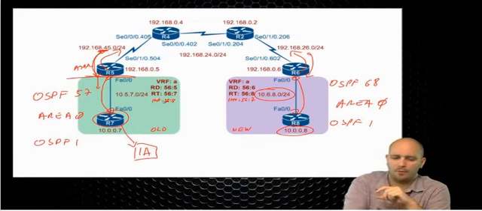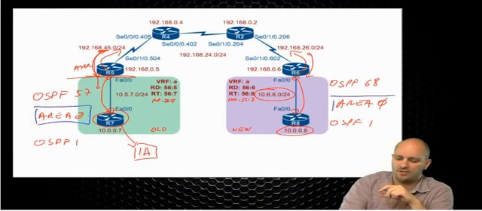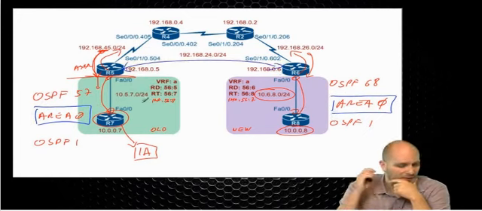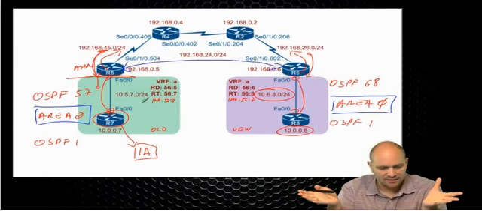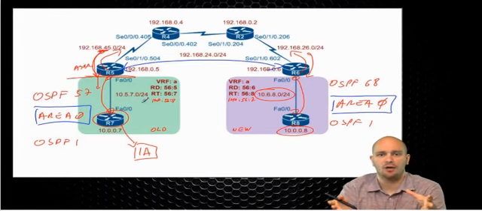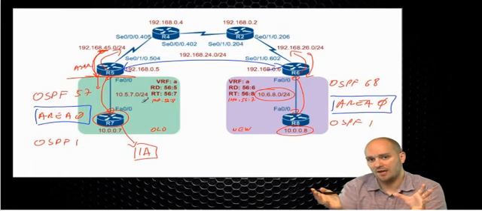I can see a couple of problems with that. One is that this is area 0 and this is area 0. If I ran, let's say, a tunnel between them, the best I could do is make them intra-area routes. But how can I have a divided area 0? You cannot have that in traditional OSPF, where all areas must connect to area 0.